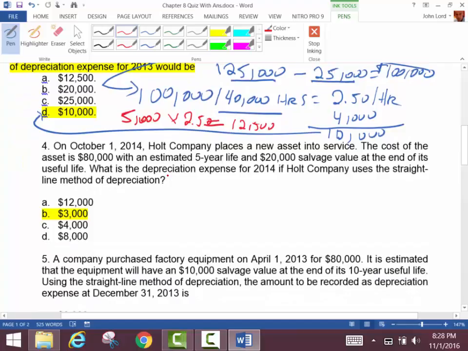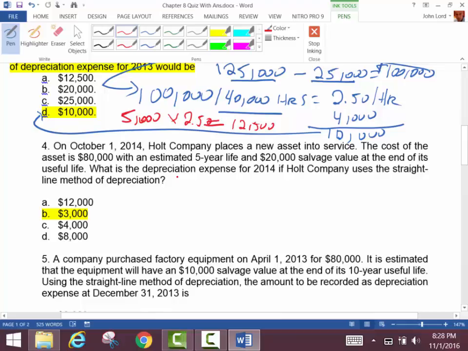October 1st, whole company places a new asset into service. The cost of the asset is 80. The estimated useful life is 5. The salvage value is 20. At the end of its useful life, what is the depreciation expense for 2014, the year they bought it? Who wants to set that up? Set it up for me.